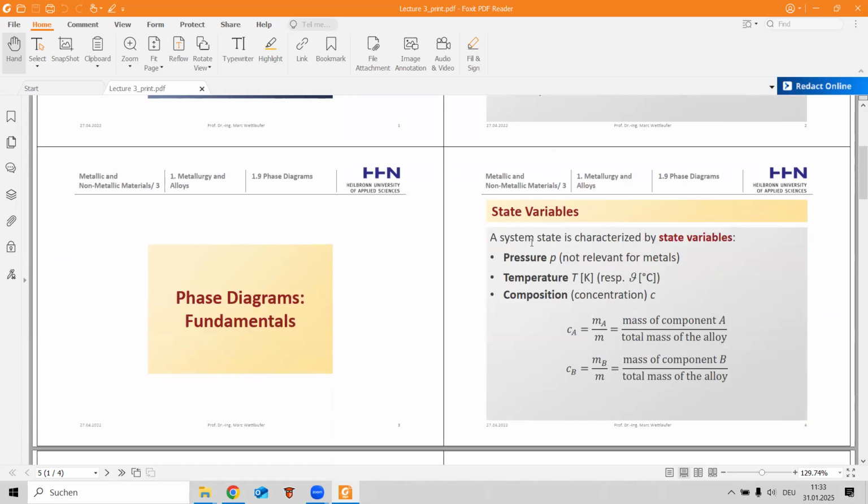So, in diagrams, we have state variables. A system state is characterized by state variables.